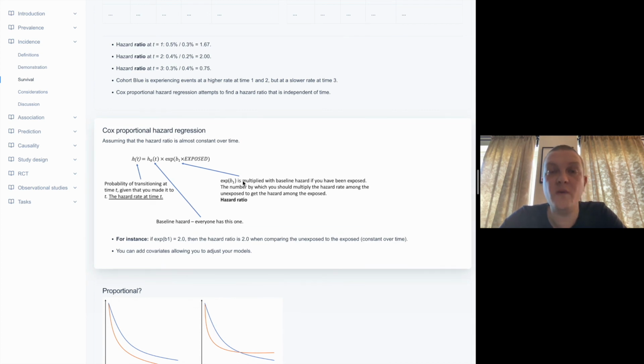The whole reason you want to go to this length of calculations is because you could now add covariates. We have one covariate here which represents if you've been exposed to something, a drug or smoking or whatever. But you could also add covariates for age and gender, socioeconomic status, et cetera.